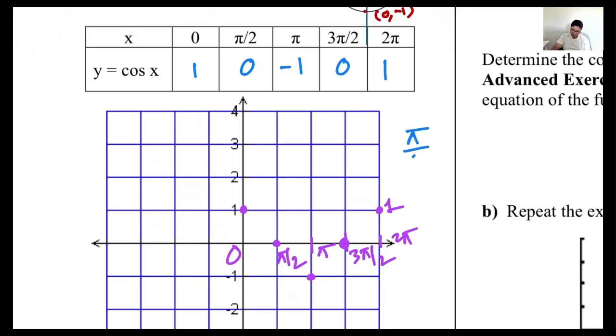Remember pi is 3.14, so pi over 2 is more like 1.57. If I wanted to make it more realistic, I would have taken a graph where the unit on the x-axis is a little longer, like 1.57, whereas the unit on the y-axis is 1 unit. But you understand it, so keep that in mind when you are looking at the graph here.